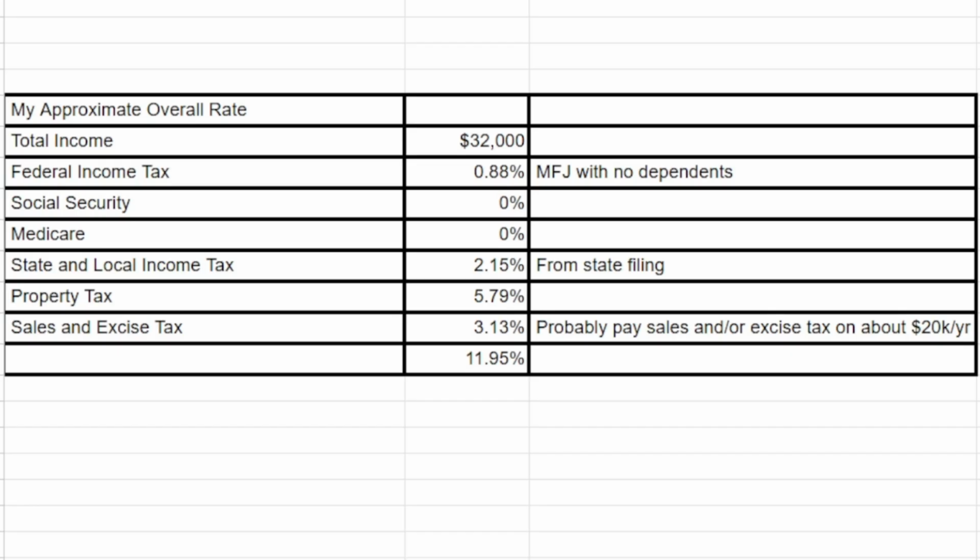But I figure of the things that I buy that are taxed, it's about 3%, giving me a total of around 12%. So of my total income, 12% of it goes toward taxes. And that's for someone who pays almost nothing in federal and Social Security and Medicare taxes.